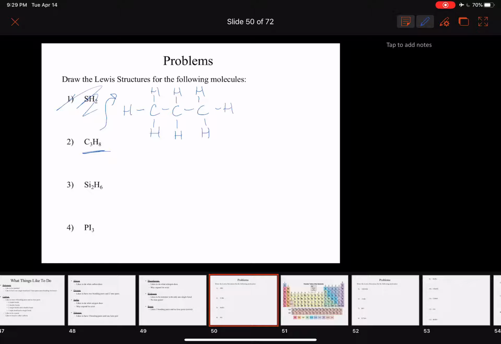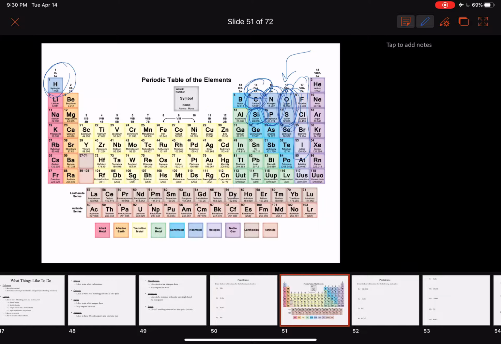So we're good there, but we need to check and make sure we've used up the correct number of valence electrons. So we go ahead and we do atom and valence electrons. So we have 3 carbons and we've got 8 hydrogens. Now hydrogens, those bring 1 electron each.